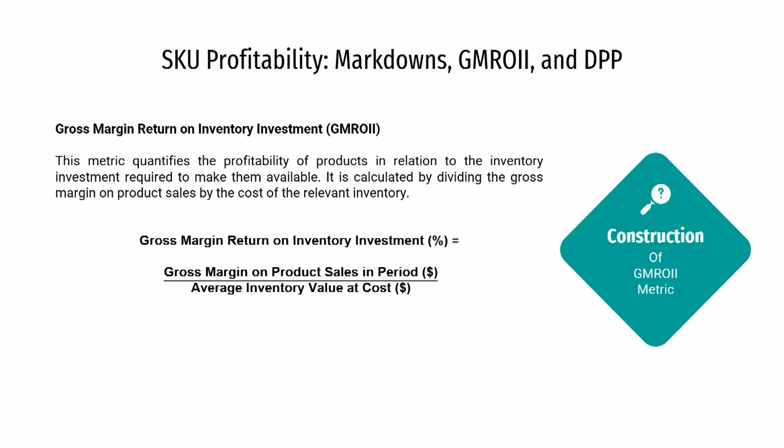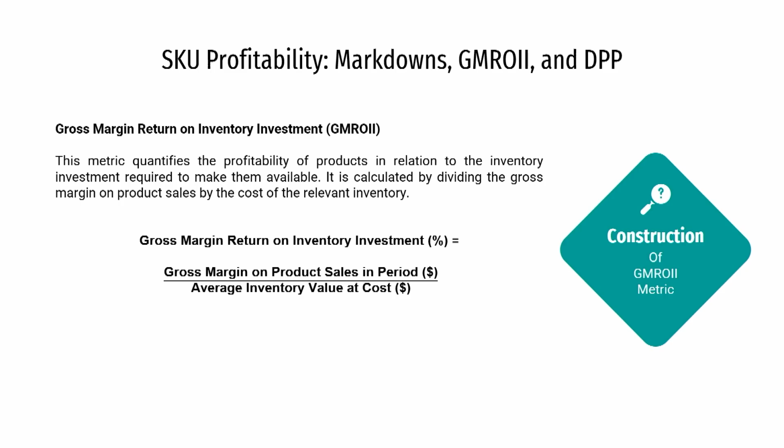Let's look at the construction of the second metric, that is the gross margin return on inventory investment. This metric quantifies the profitability of the products in relation to the inventory investment required to make them available. This is calculated by dividing the gross margin on product sales by the cost of relevant inventory.